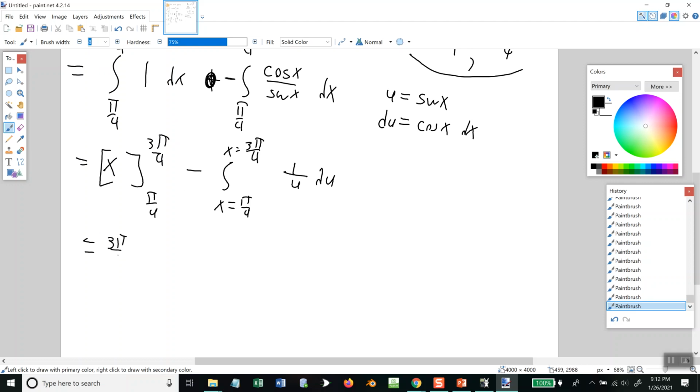Okay, so that's 3 pi over 4 minus pi over 4 minus the integral of 1 over u, which is natural log of the absolute value of u. This is still x's.